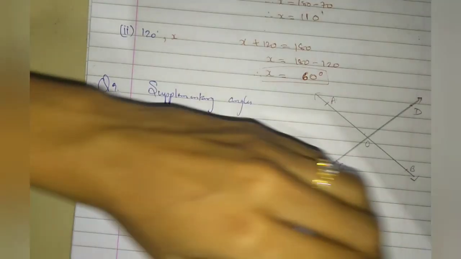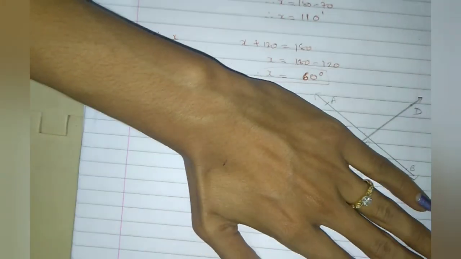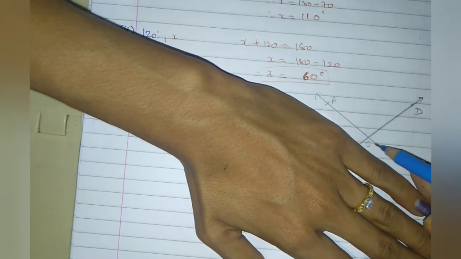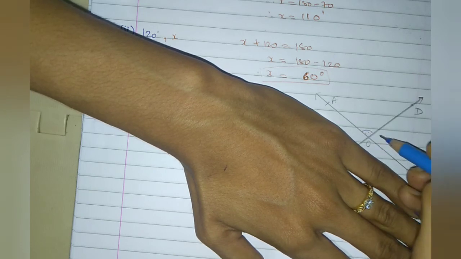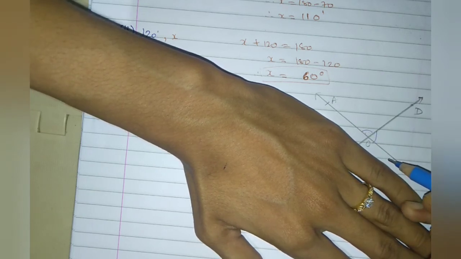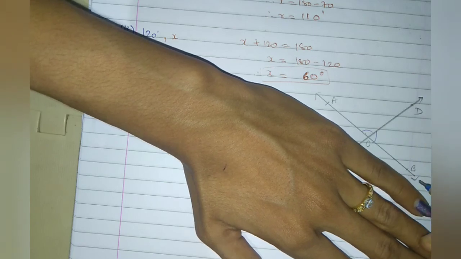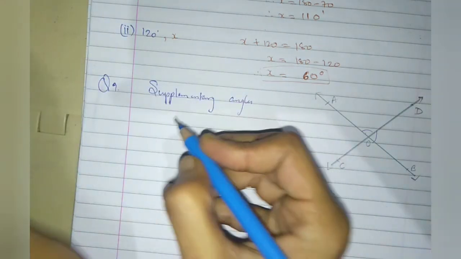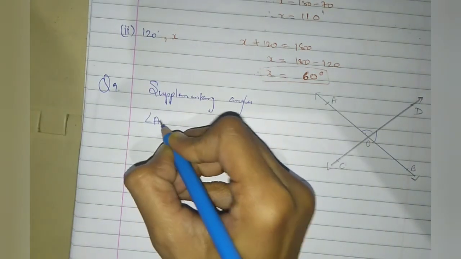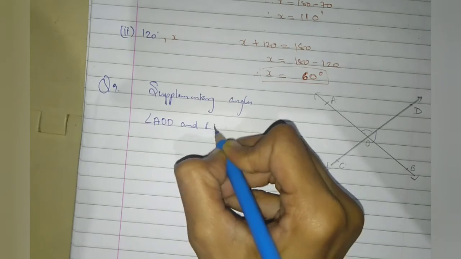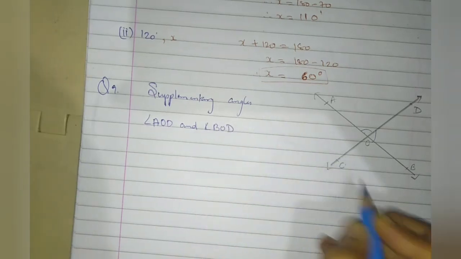Supplementary angle means the sum of two angles is 180. Now see this one, angle AOD and angle DOB. This is a straight line, and a straight line forms 180. So angle AOD and angle BOD are supplementary.